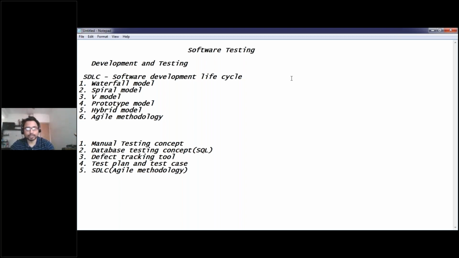When the tester gets an application, only then does the tester start testing. So the V model is not an iterative process. Second point, documentation is very high in a V model. These are the disadvantages of the V model, which agile methodology overcomes.